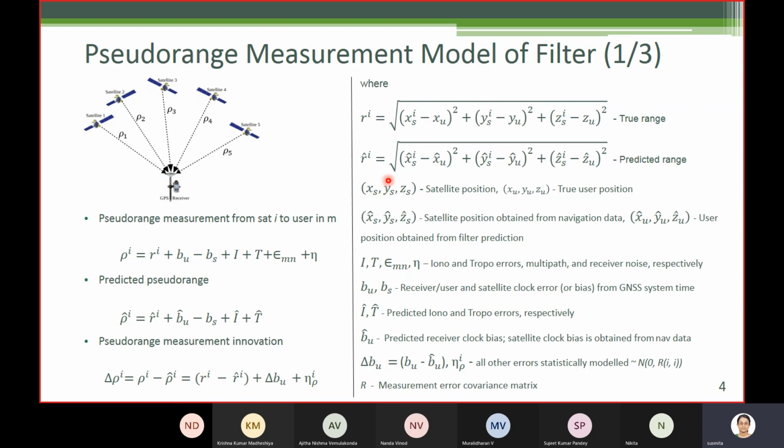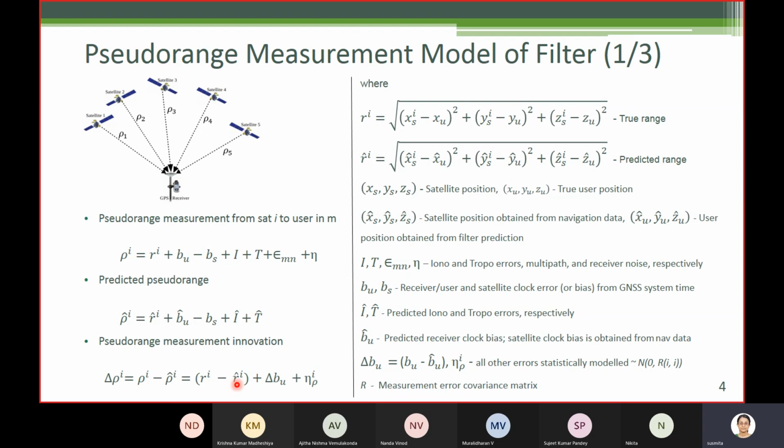Now here we have some nonlinear equations, right? R is a nonlinear function of x, y, z. Similarly, R hat is a function of x hat, y hat, and z hat. So R minus R hat we can express as a Taylor series, correct, and then take only the first order term.